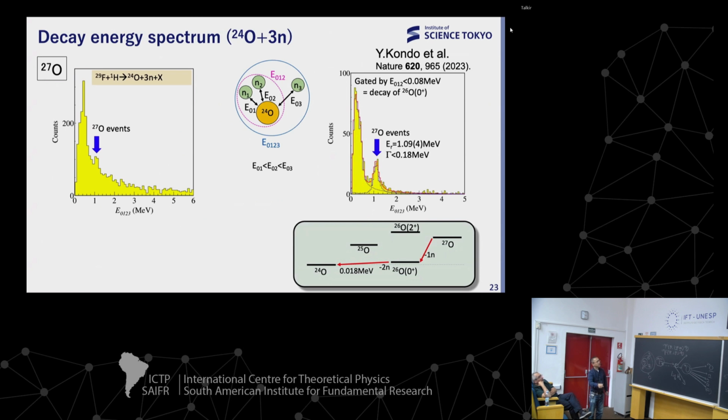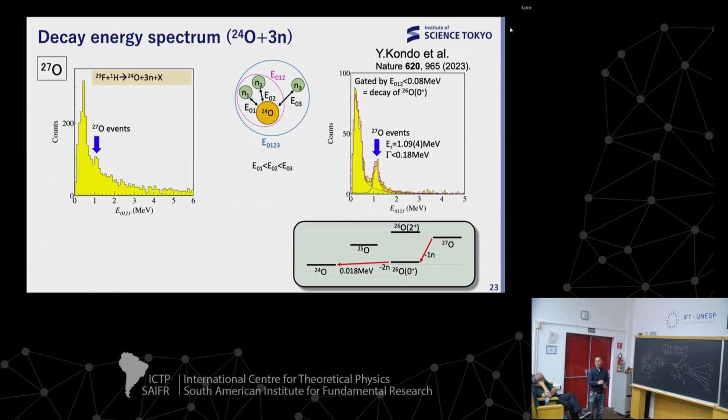So this means that this is a resonance as oxygen 27 anyway. Is oxygen 27 a resonance built on a resonance of oxygen 26, or on bound oxygen? It's difficult to say. What I'm saying is that oxygen 27 is a narrow resonance state, but it decays through the oxygen 26 ground state.